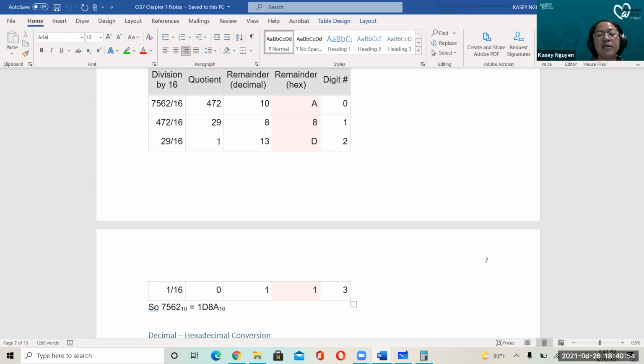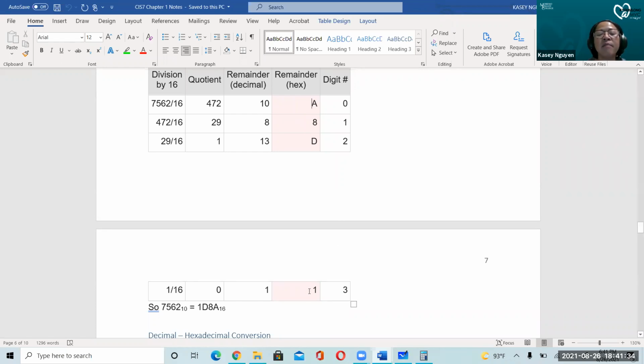Once we have the remainders noted and we got to 0 for the quotient after all those steps, just like the other one, we're going to record. The bottom is going to be the most significant digit, the left digit. So it's going to be 1, D is the next one, then 8, and A. The remainder for the first round of division is always going to be the least significant digit, the most right.